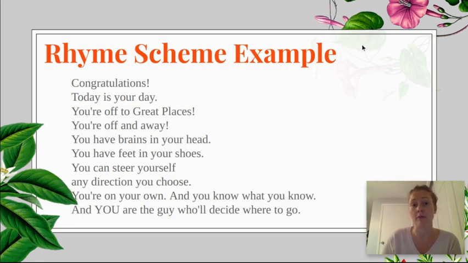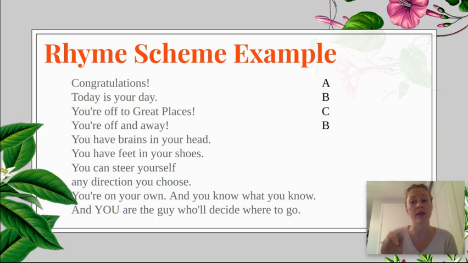So, for example, when it comes to rhyme scheme, this is an example from Dr. Seuss, from his book, Oh, the Places You'll Go. So what I want you to notice is the end sound of the poem. Congratulations, today is your day. You're off to great places, you're off and away. Away and day rhyme.